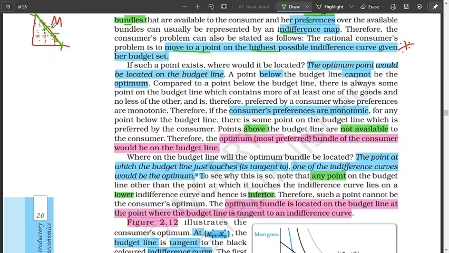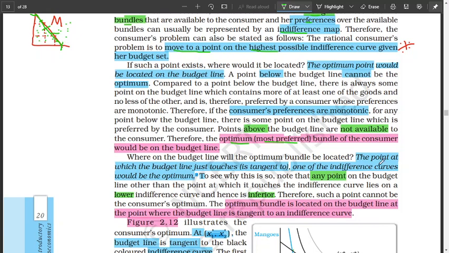But a point above doesn't have the capacity, because he has only 20 rupees. If he consumes above the line, he has to have more money, but that's not the case. So the optimum, the most preferred bundle of the consumer, would be on the budget line. He would always buy on any of these points because that is his capacity.